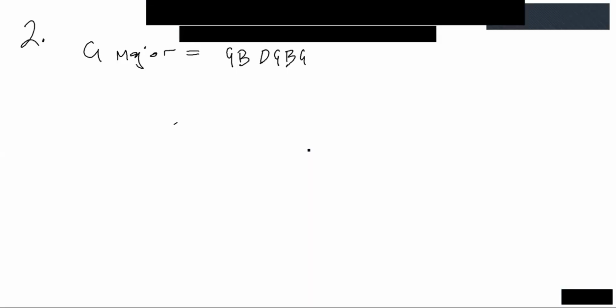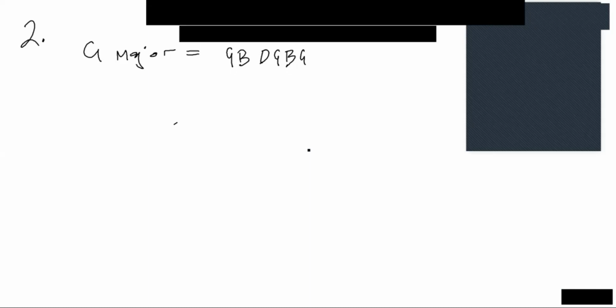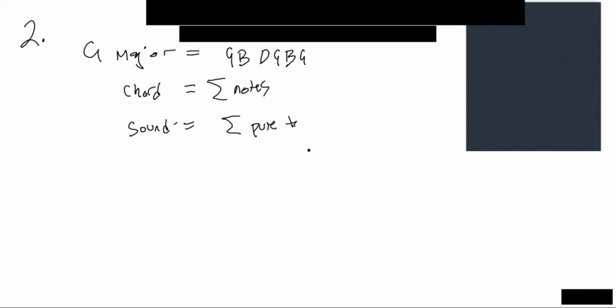So the way you should really think about what a Fourier series does is, you know, a chord is a sum of notes, right? And what a Fourier series does is it can do this for any sound. You can decompose any sound into a sum of pure tones, okay?